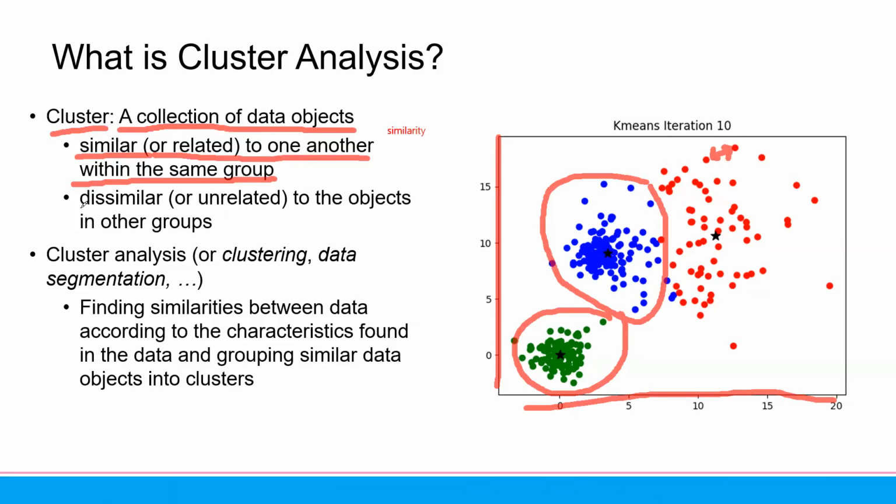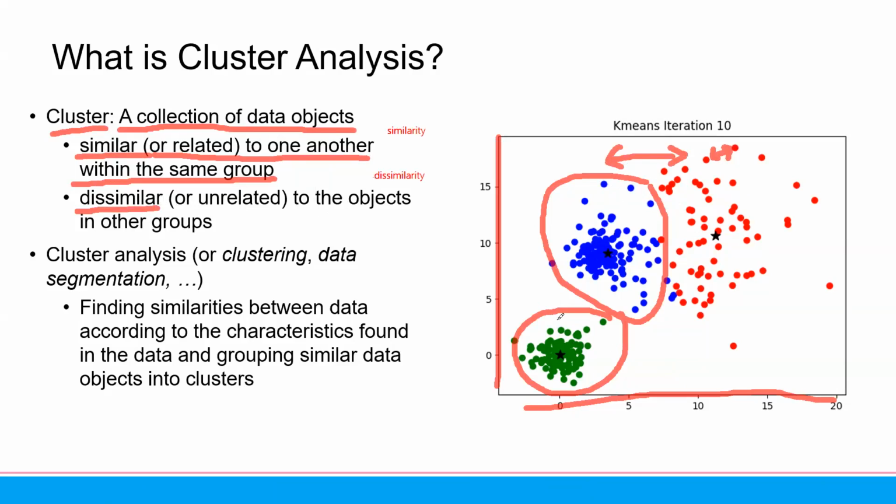In a different perspective, we can say the dissimilarity. The dissimilarity means the distance. It is the dissimilar or unrelated to the objects in other groups. So if you look at the blue and the red color, there is some distance.